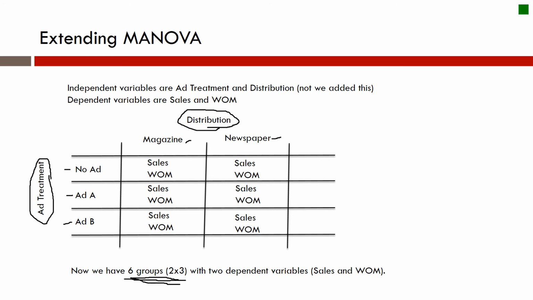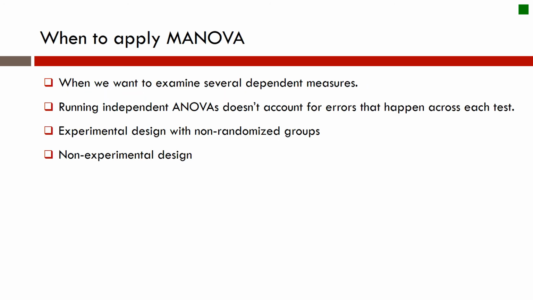So that's the extension then of ANOVA, to be able to accommodate more than one dependent variable and then be able to handle more than one independent variable simultaneously while measuring the interactions between the two. And again, this is something that discriminant analysis would not allow you to do, and so it may be something we want to look forward to as we move forward.